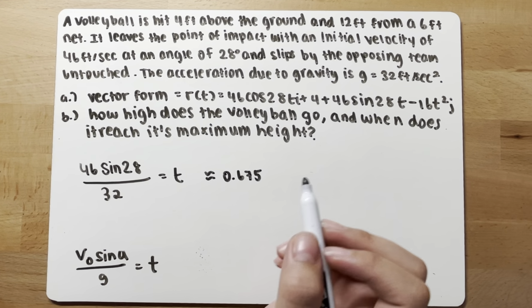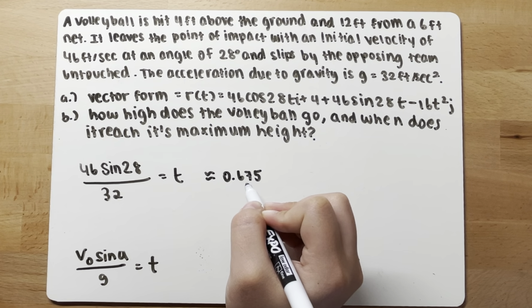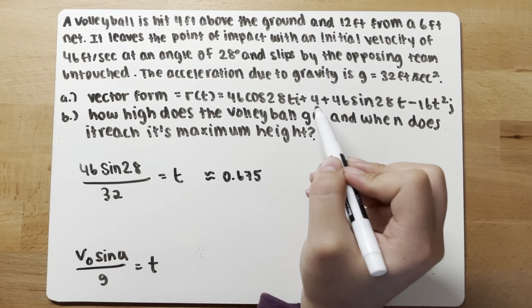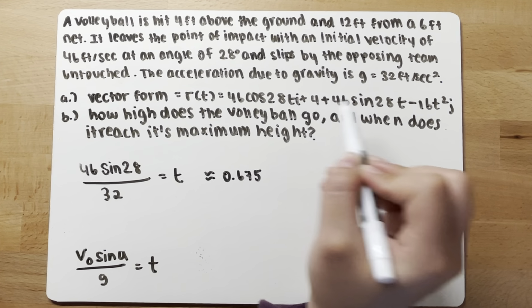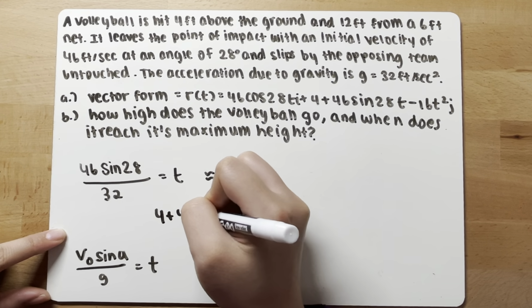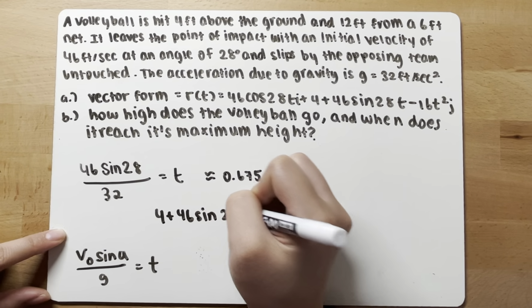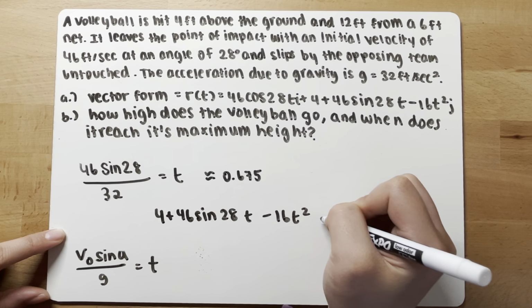Now, you want to substitute this t value into the vertical component of the vector. Recall last video that we solved for the horizontal component and then the vertical component. And this is the vertical component, 4 plus 46 sine 28 t minus 16 t squared j.